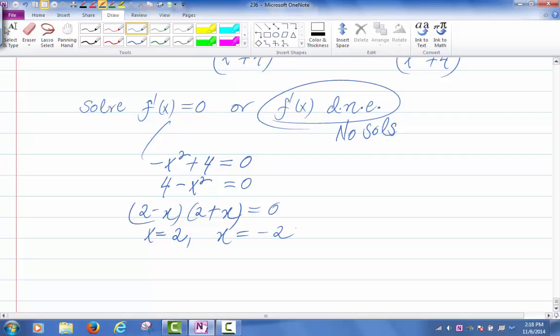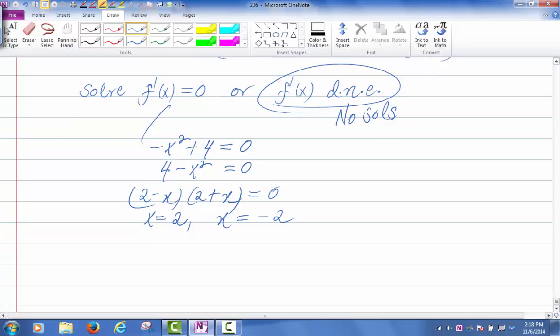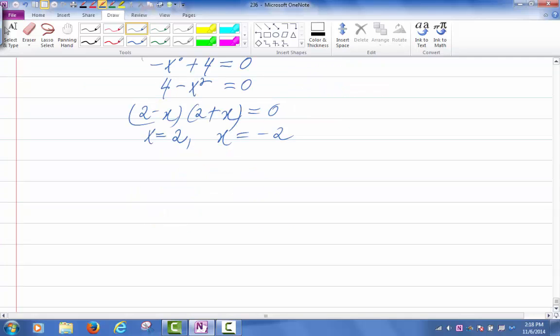So I get two critical points. They are both in the domain. And now I have to classify the critical points. Do I have a local max or a local min at each of them?